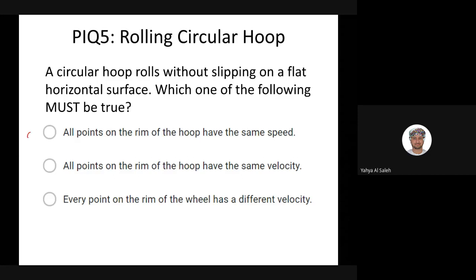B, all points on the rim of the hoop have the same velocity. Or C, every point on the rim of the wheel has a different velocity. You have 2 minutes. Think about it slowly, then type your answer in the chat.